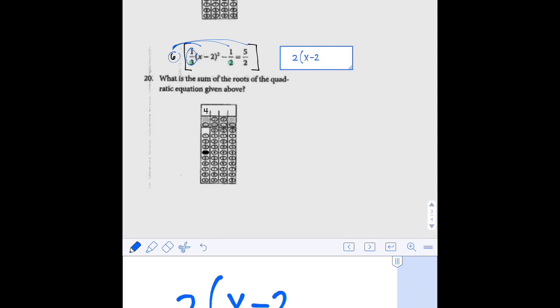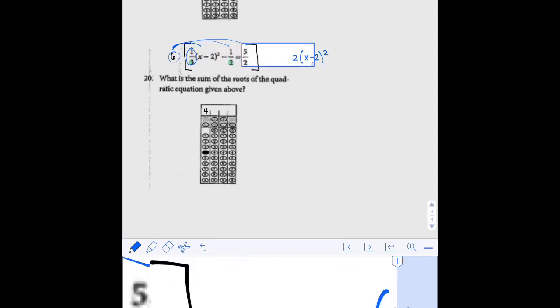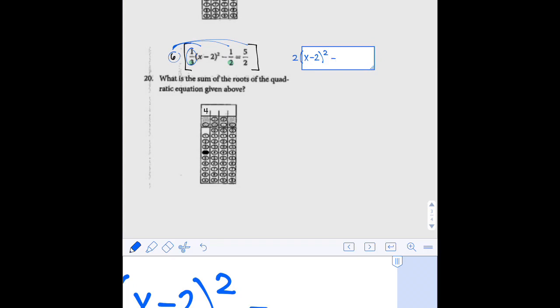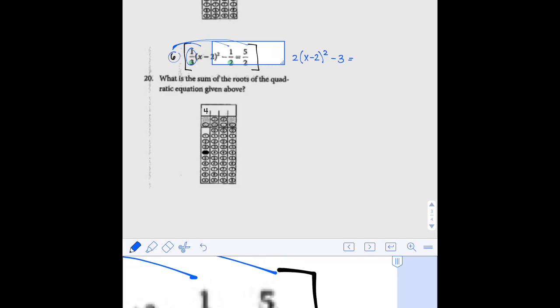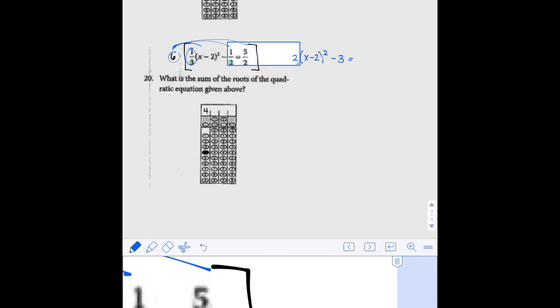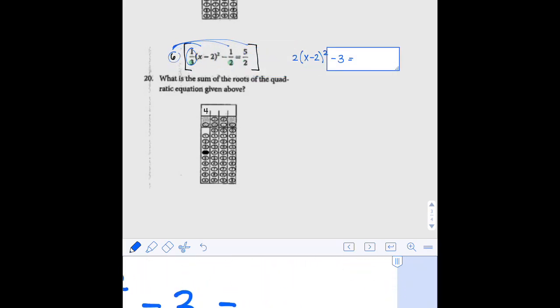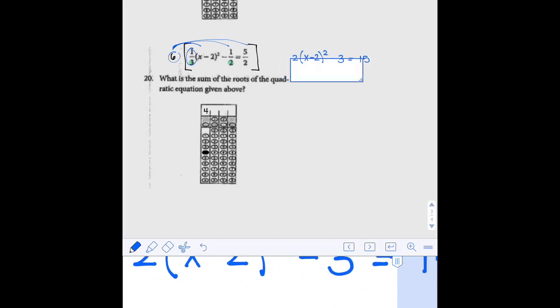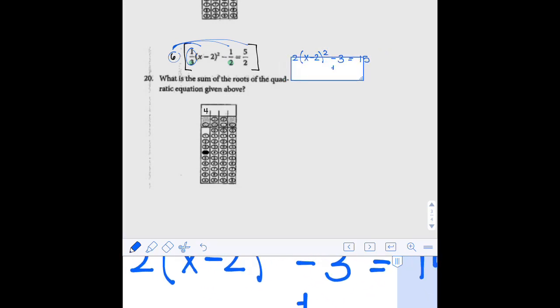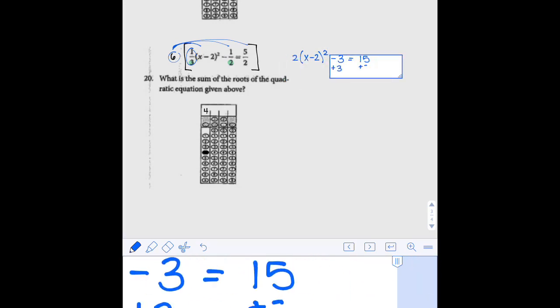I'm not going to touch anything on the inside here. Next quantity, I'm going to take half of 6, so this is 3. And then the last number will be 6 times 5 on the numerator, so that's 30, divided by 2, so that's 15. All right, so now I would solve this by first adding 3.